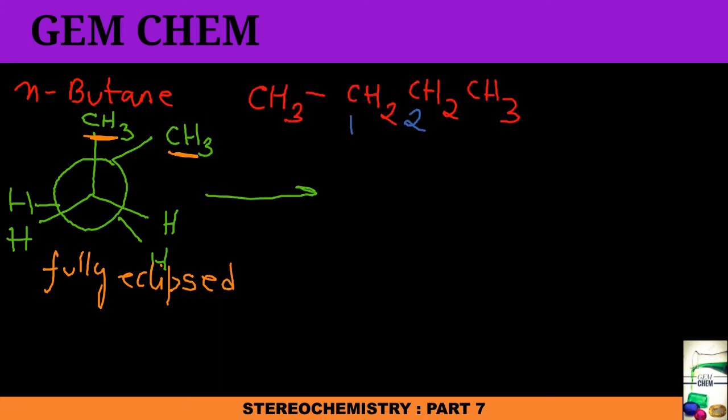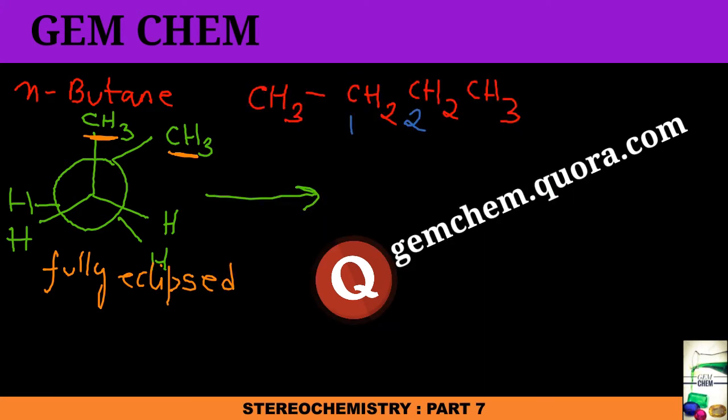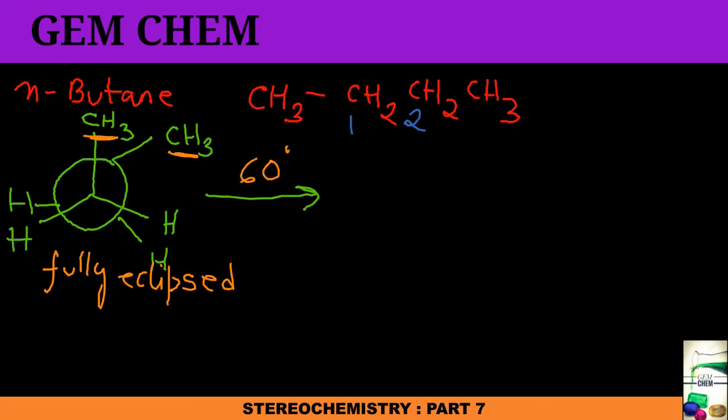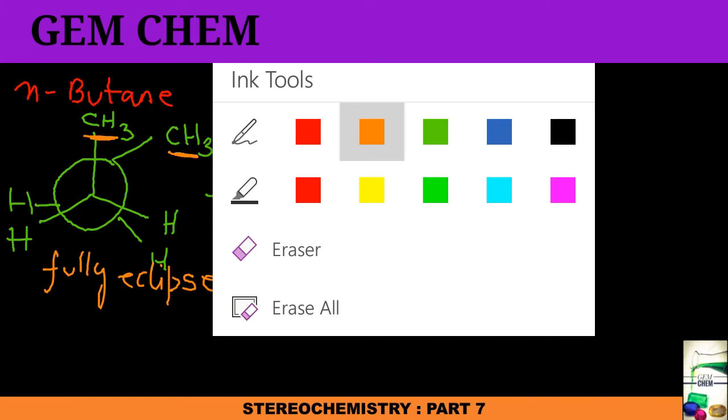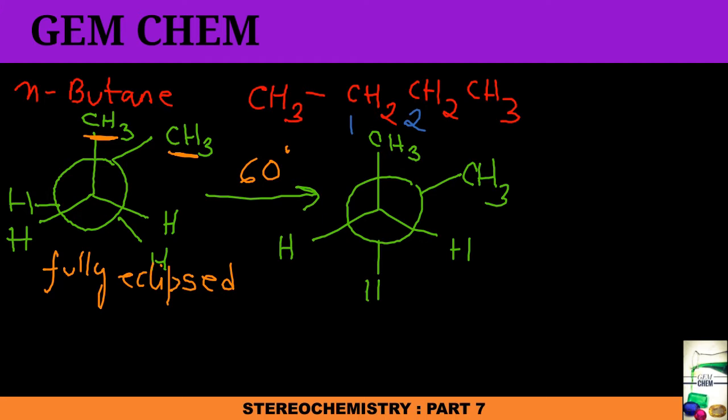Now if we rotate it by an angle of 60 degree, as we have seen in the previous video, it will be like this. The front carbon will remain the same, the back carbon will rotate by 60 degree. So here comes CH3, here comes hydrogen, here comes hydrogen.